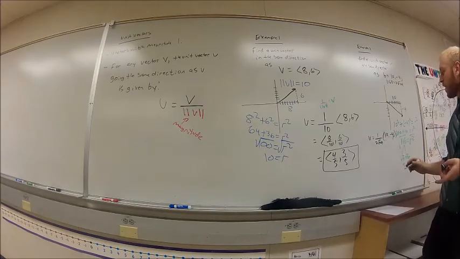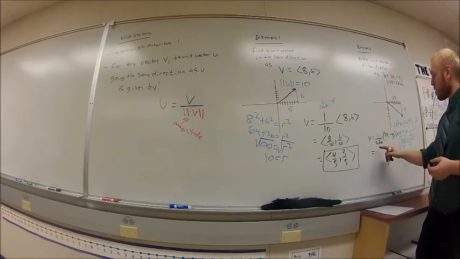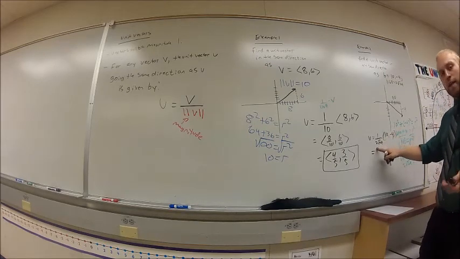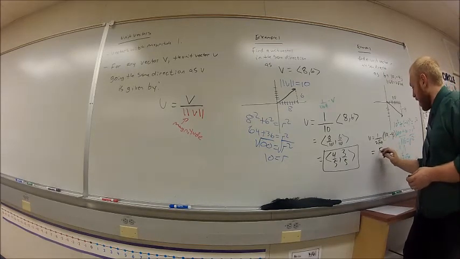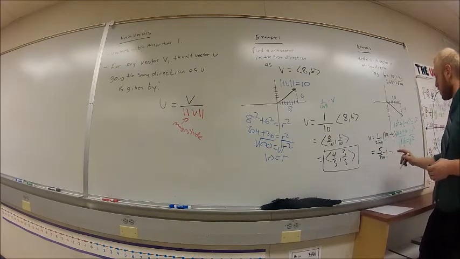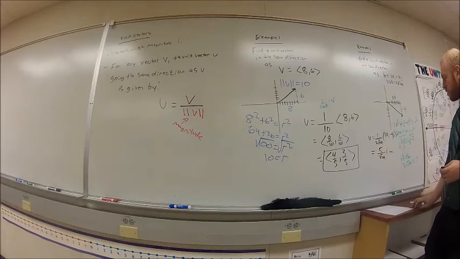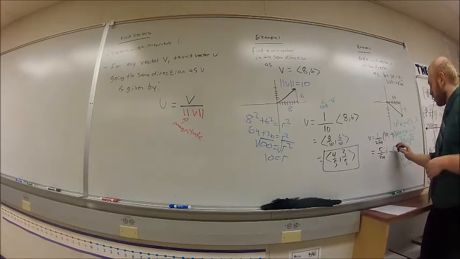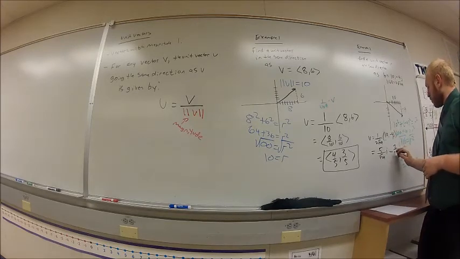Let's distribute and kind of cancel in the same step. If you think about it, when you distribute this, the 10 and the 2 are going to cancel and make a 5. So that'd be 5 over root 29 i minus, and think about it, the 4 and the 2 are kind of going to cancel, so that would be 2 over root 29 j.